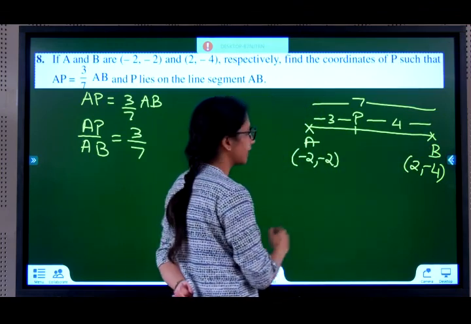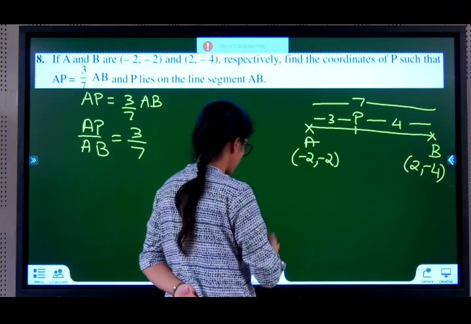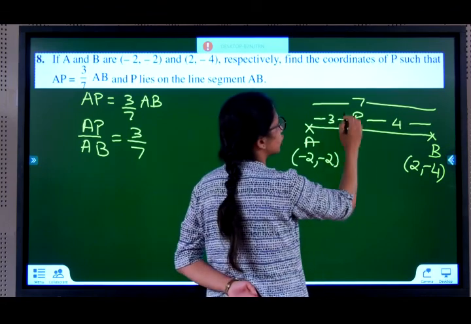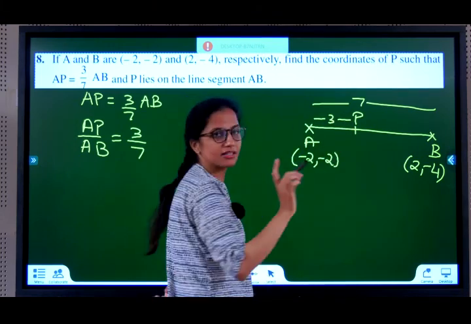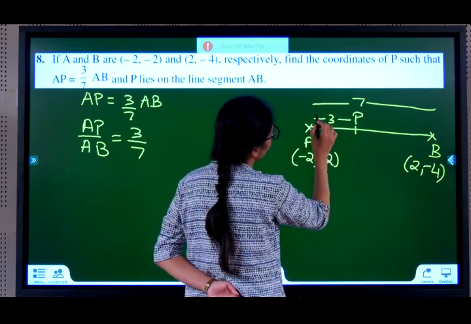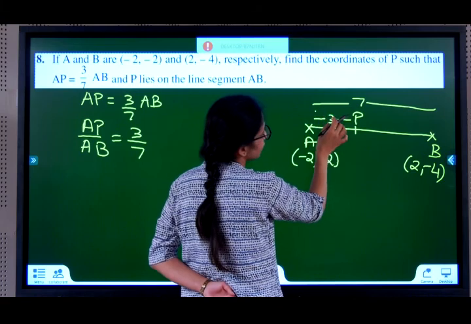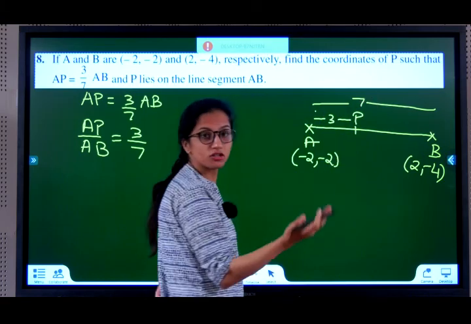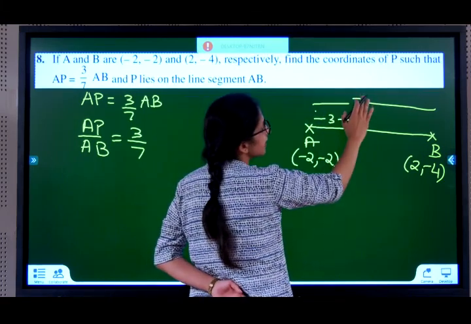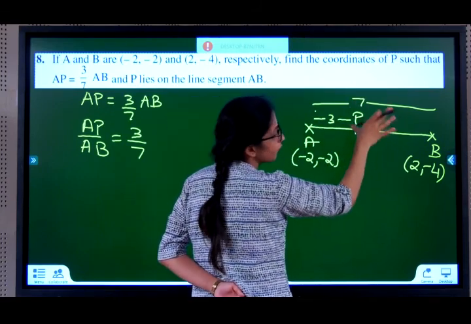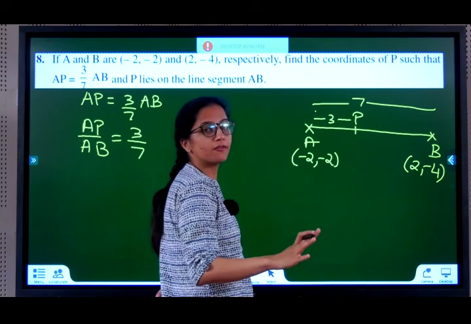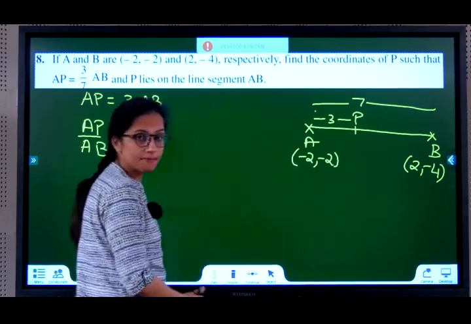You cannot directly write 4 there, because I have told you so many times that this is a ratio. This does not mean that this is 3 centimeters and this is 7 centimeters. This can also mean 6 and 14, that is also valid. It can be 30 and 70, that is also valid. So you cannot say 4 centimeters exactly. The ratio will be 4 itself, but you have to get it mathematically.